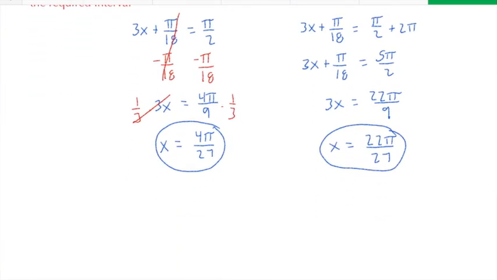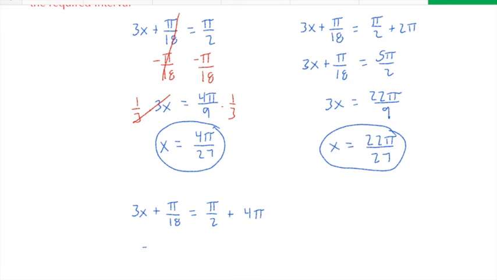Let's keep going and consider one more revolution to get another coterminal angle to pi over 2. So I'll take 3x plus pi over 18. There's two ways you can look at this. You can take that original angle of pi over 2 and add 4 pi to it, so it's like you're adding 2 revolutions. Or you could take the 5 pi over 2 coterminal angle and add 2 pi to that.